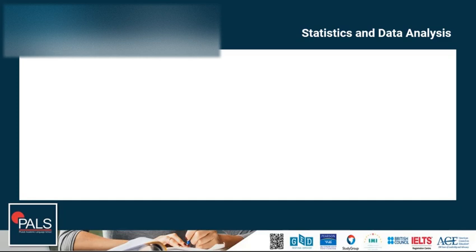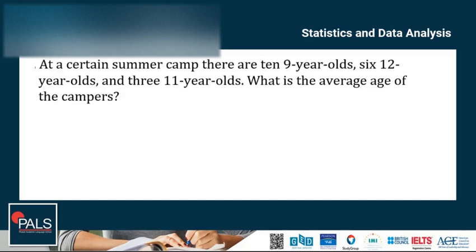Now let's try some more examples of analyzing data sets. First one: at a certain summer camp, there are 10 9-year-olds, 6 12-year-olds, and 3 11-year-olds. What is the average age of the campers?